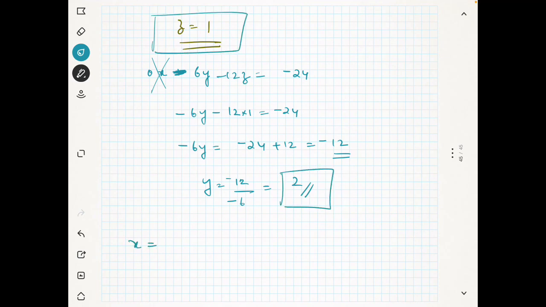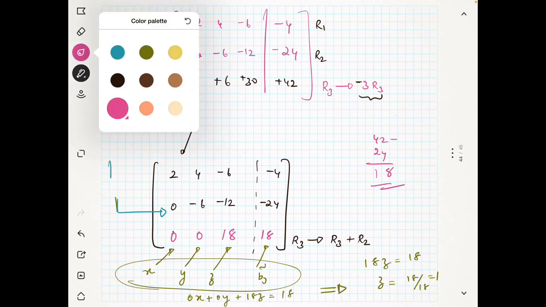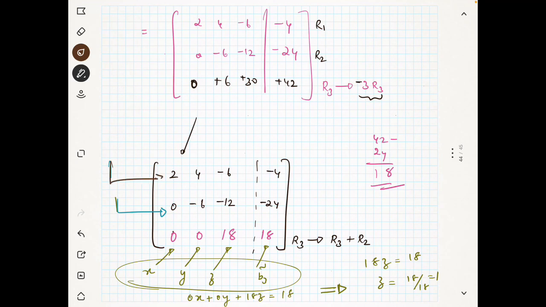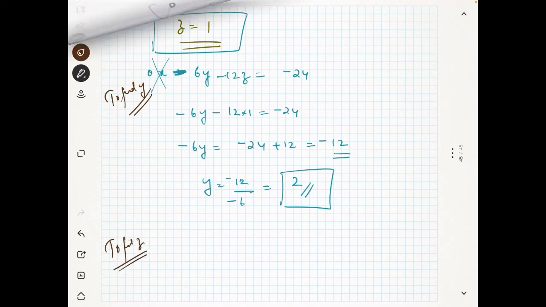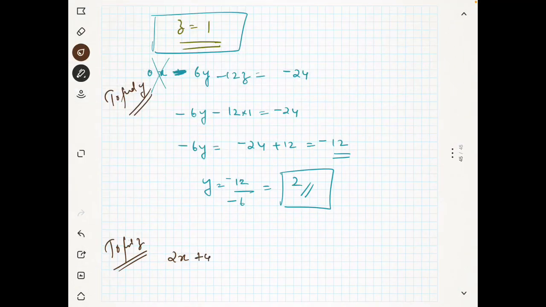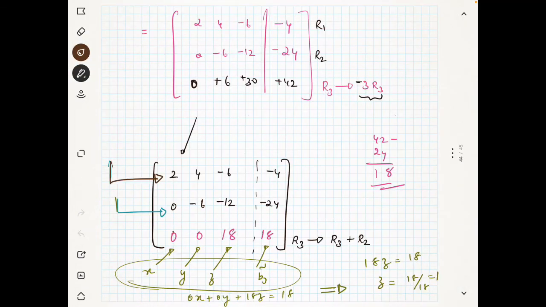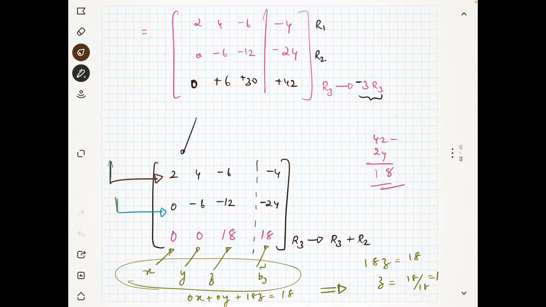Now you can find x very easily. Take the first equation, that is 2x plus 4y minus 6z is equal to minus 4, right?